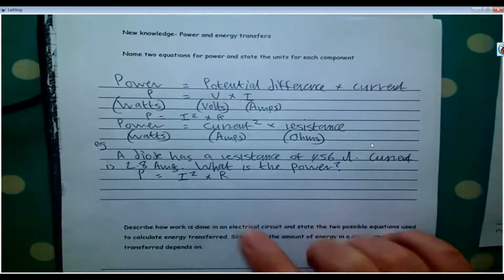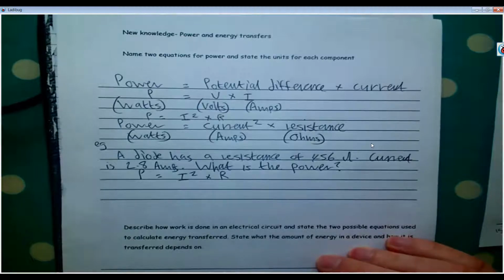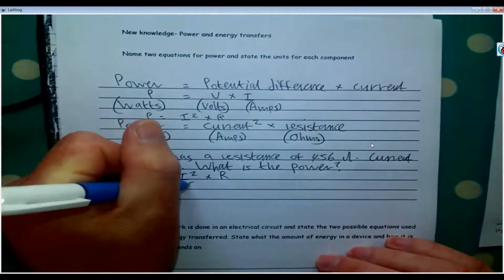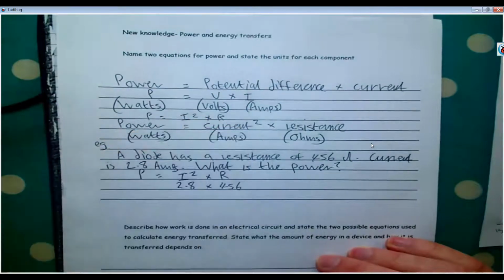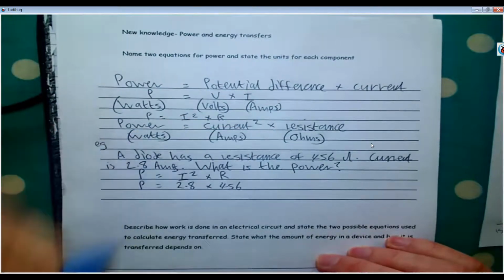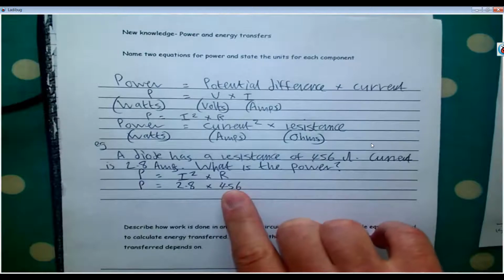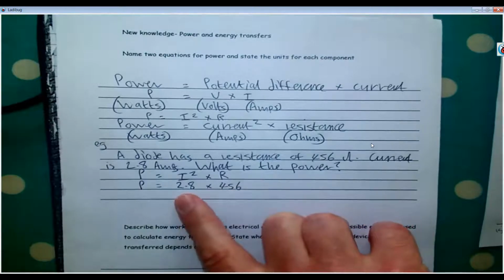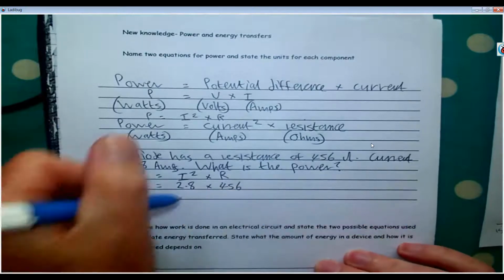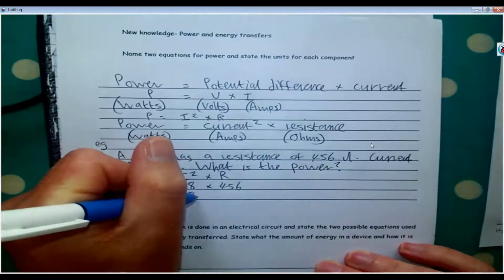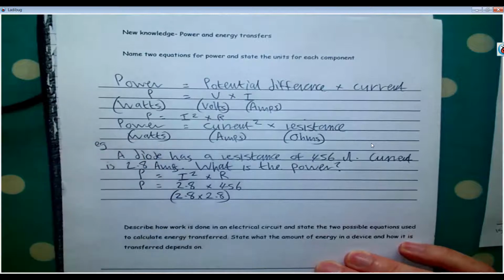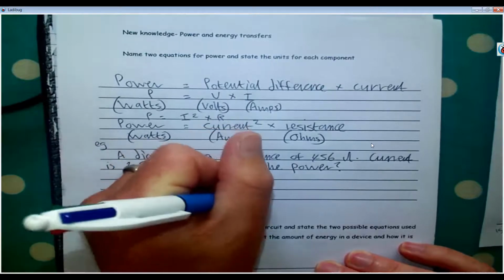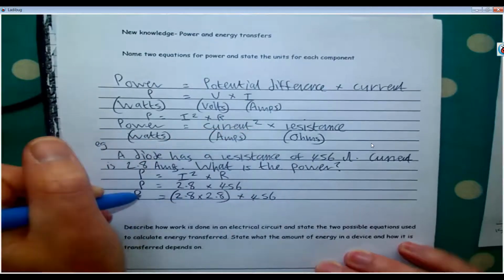Then we fill in the numbers that we've been given. So current is 2.8. Resistance is 456. So you need to times those by each other to get the power. But what do we have to do to 2.8? Well, actually, first of all, we have to multiply 2.8 by 2.8 and then multiply by 456.